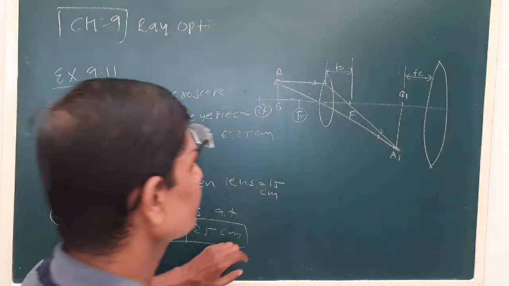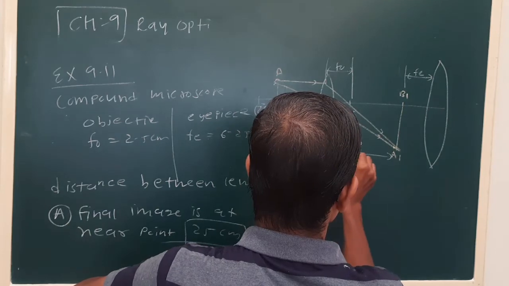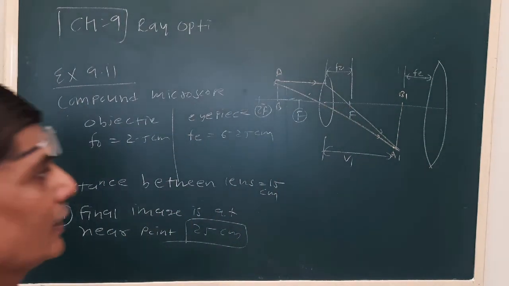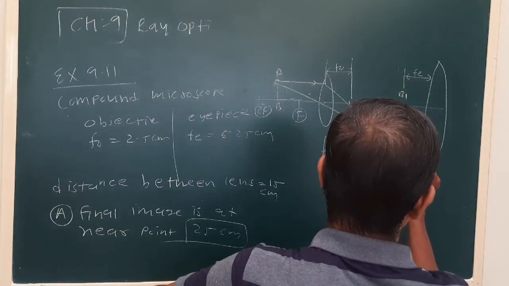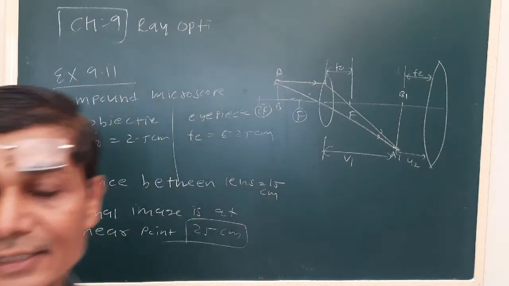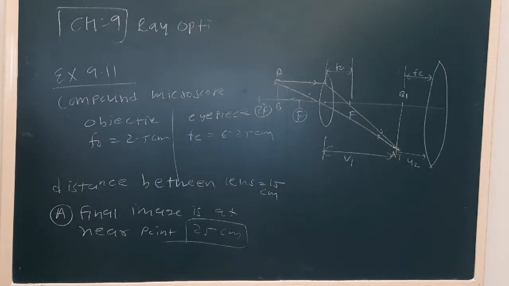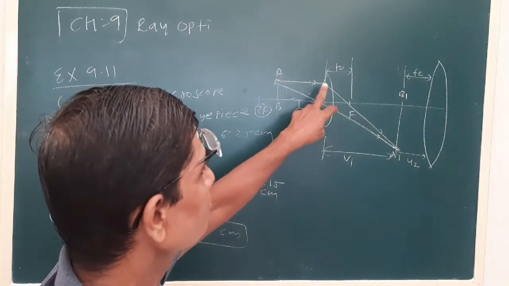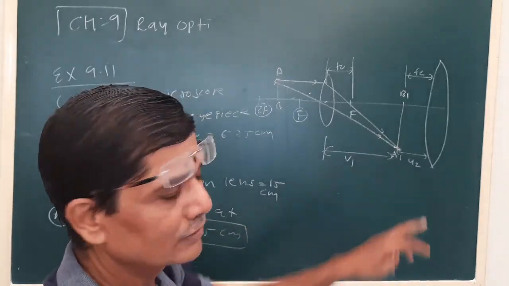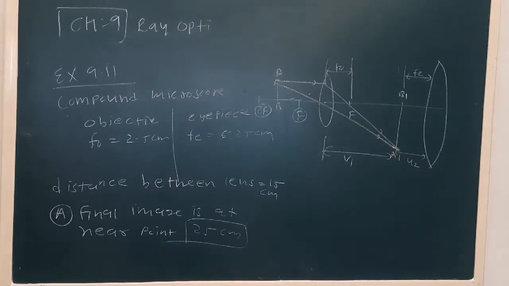There is V1, the image formed by lens 1, and this is the object distance U2 for lens 2. The distance between the two lenses is V1 plus U2, that is the image distance for the first lens and object distance for lens 2.